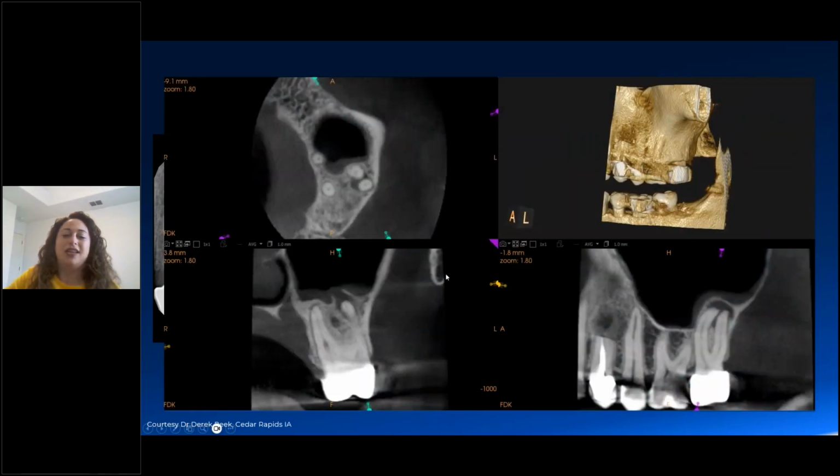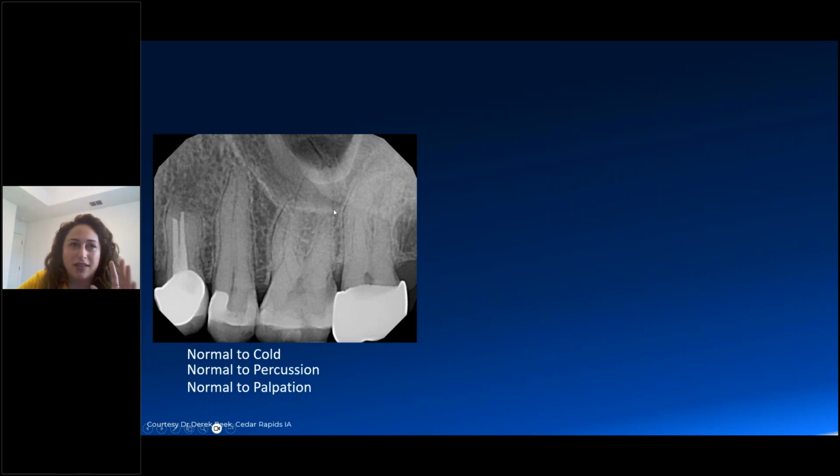And this is just another quick case showing the simplest, most underutilized applications for CBCT that are really important when it comes to your treatment planning. So this patient had all the teeth shown normal to cold, to percussion, to palpation, nothing wrong.